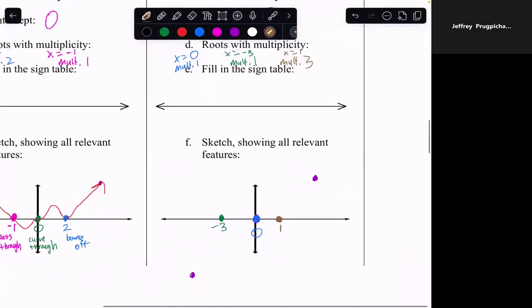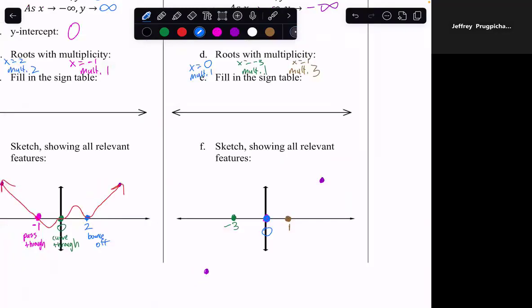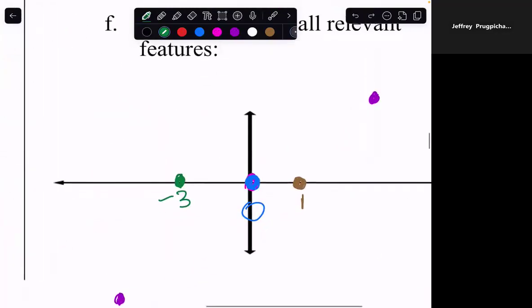Okay, so again, for now, I'll write in words the action at each root, but once you get comfortable, you won't need to write it in. Going from left to right, the root of x equals -3 has multiplicity 1. So multiplicity 1 means it passes through.